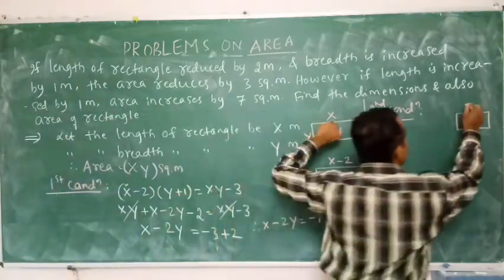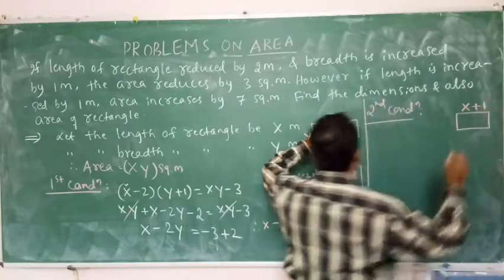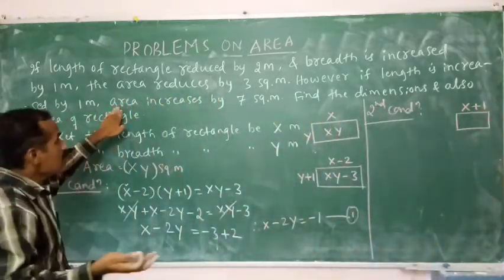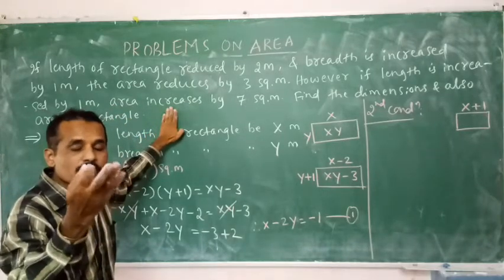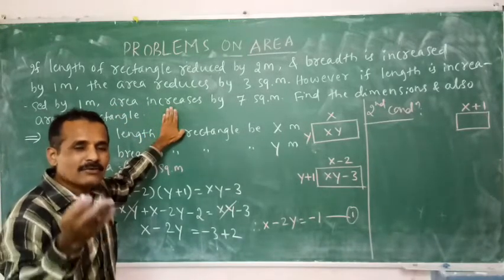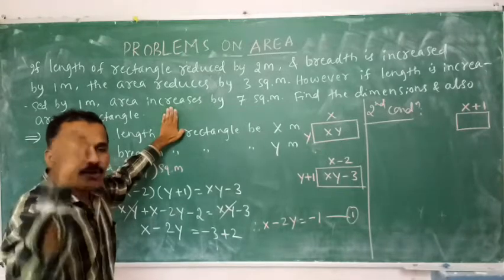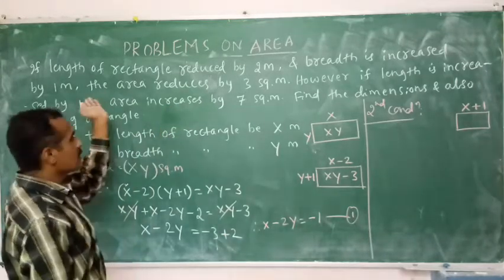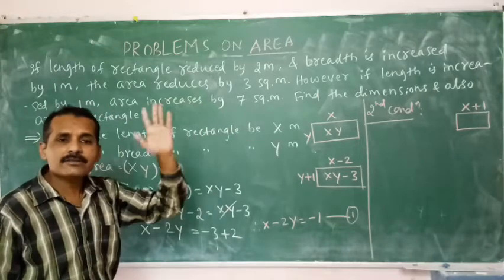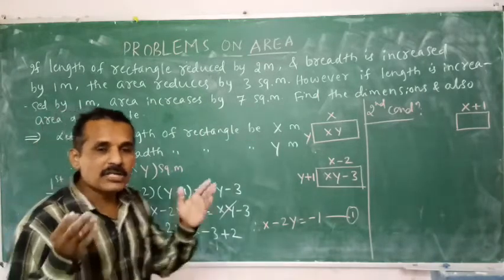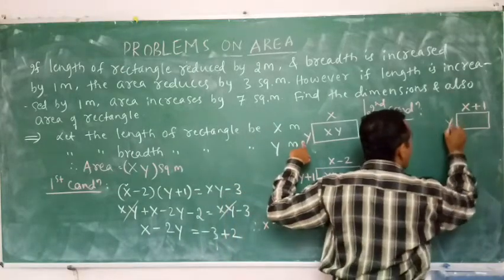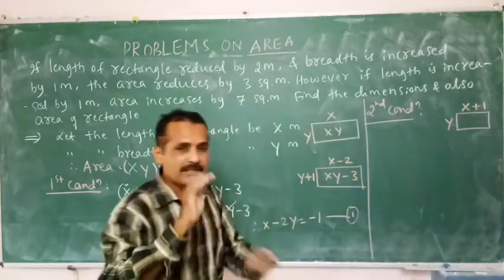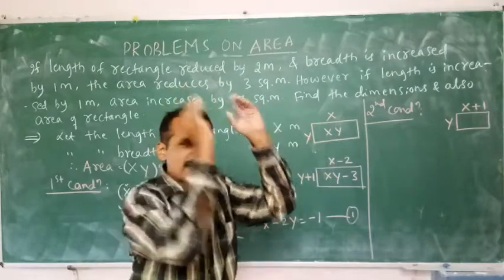Length is increased. About the breadth, they have told neither increases nor decreases. There is nothing about the breadth. That means I should keep the breadth as it is. y remains y only. There is no change, neither increasing nor decreasing. Keep it as it is.